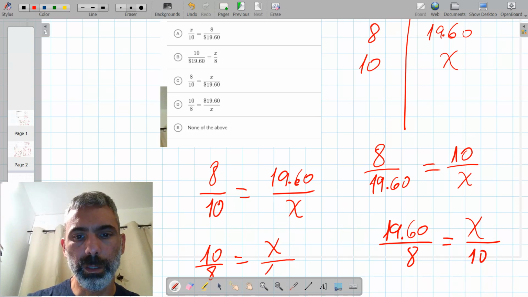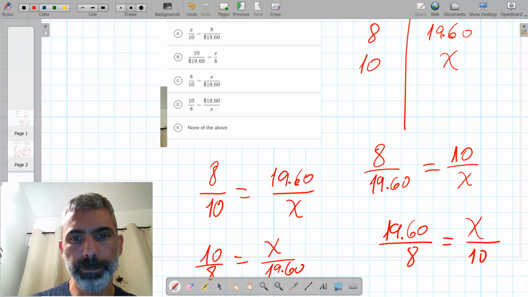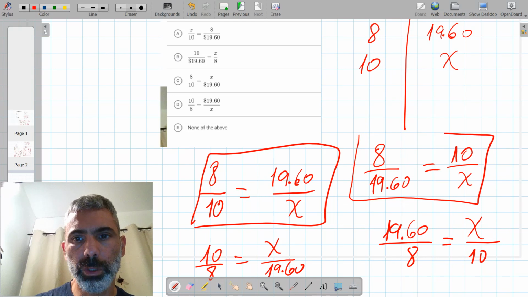Or I can equate the number of books, 10 to 8 over 1960. Okay, so these are the 4 valid options.